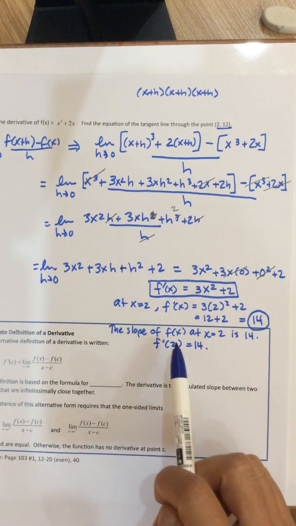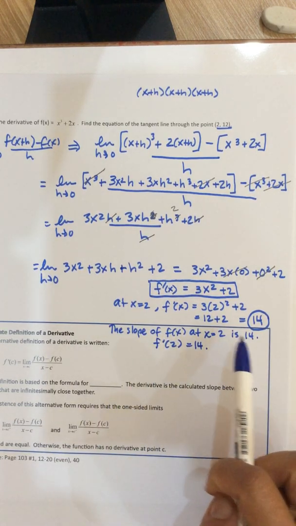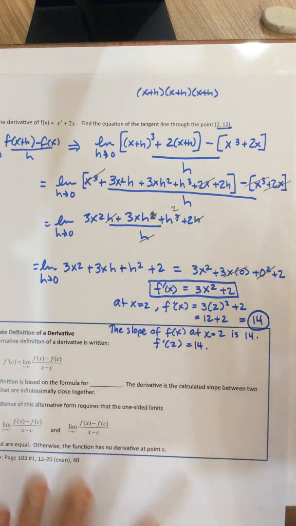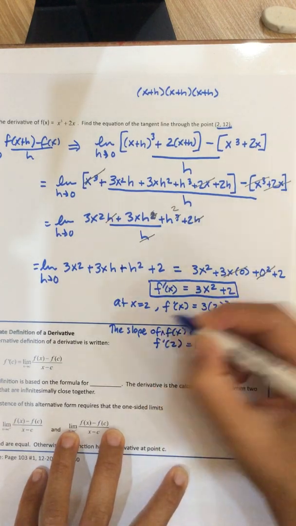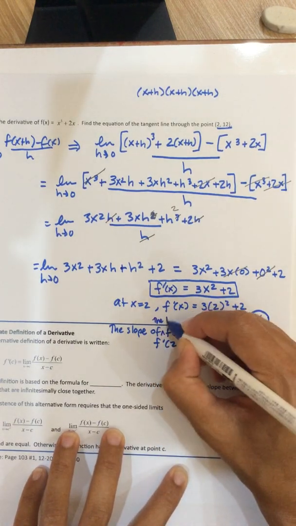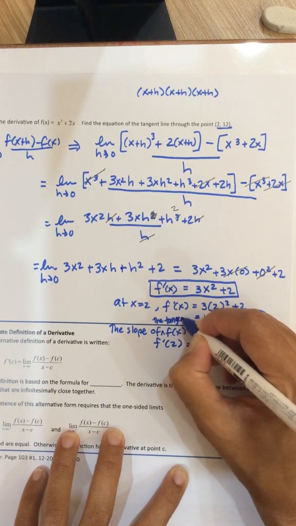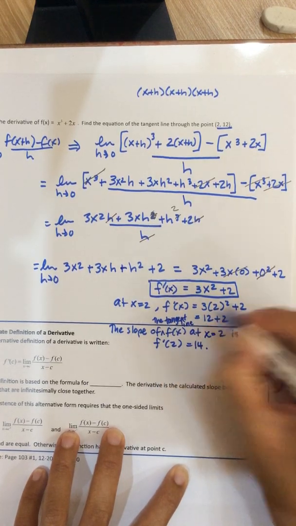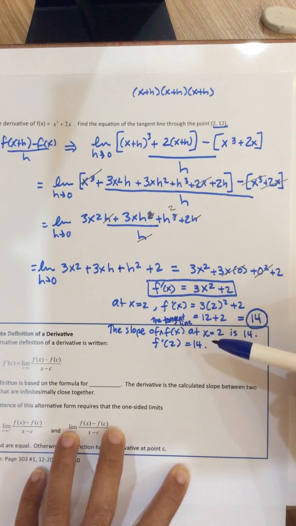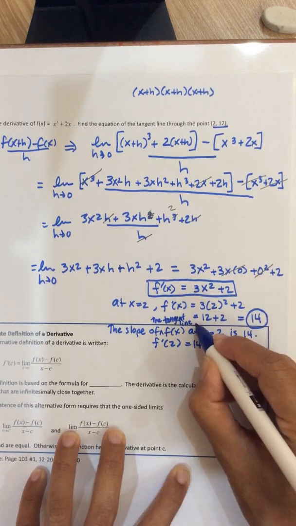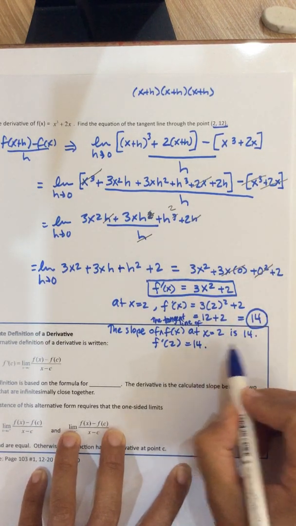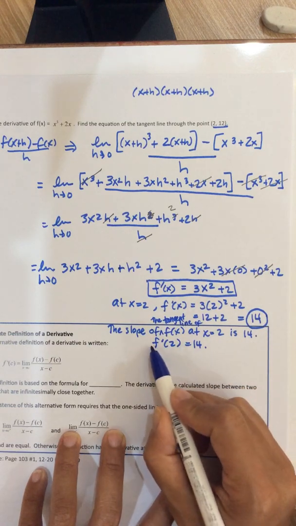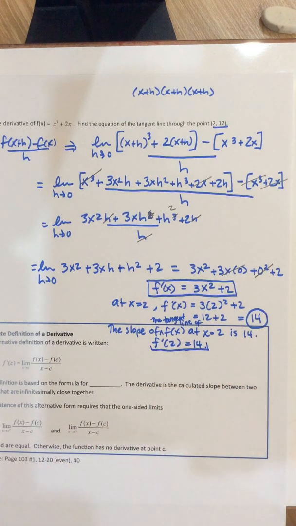The slope of the function at x equals 2 is positive 14, or actually the slope of what you should really write here, the tangent line. The slope of the tangent line of f of x at x equals 2 is 14. Or the fast way to say it would be f prime of 2 is 14. The derivative at 2 is 14.